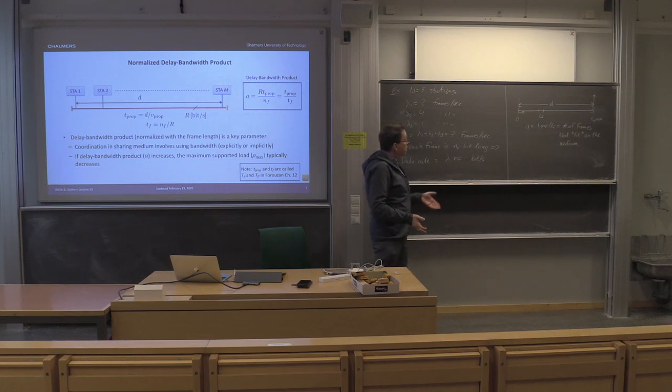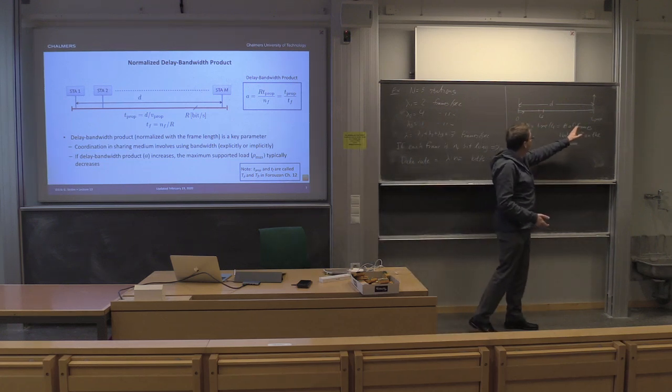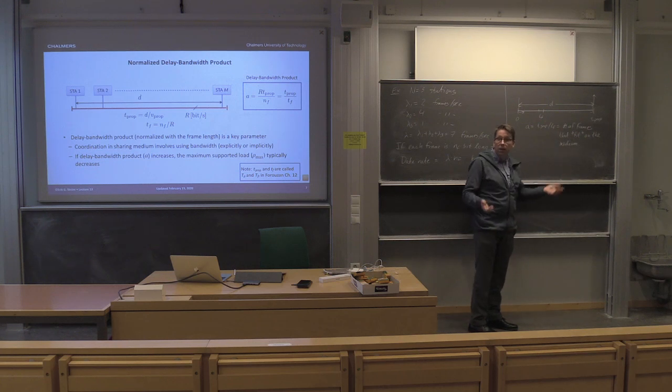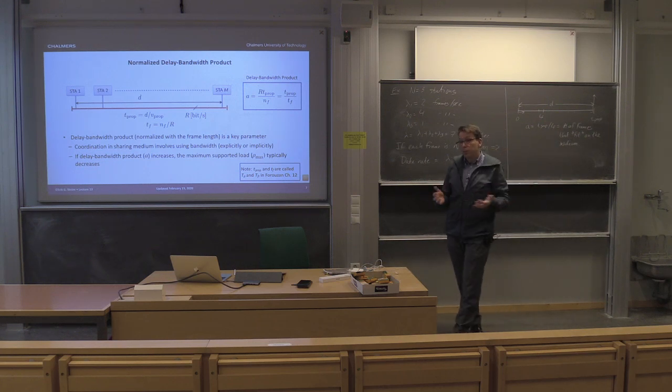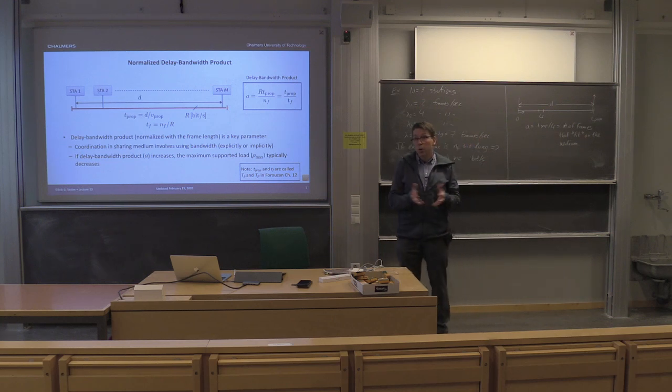Well, it depends, of course, on the propagation time, and it depends on the data rate and the number of bits in a frame. But for sure, we can have multiple of these going over, say, a satellite link. A satellite link might have, I don't know, milliseconds of propagation time, and then a frame could be on the order of 0.1 milliseconds or so.